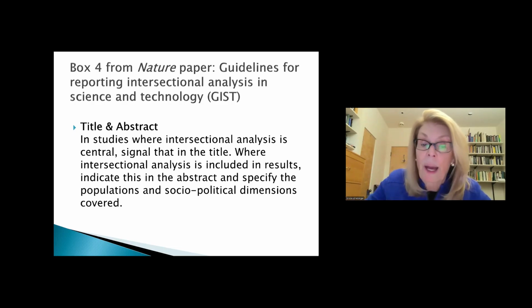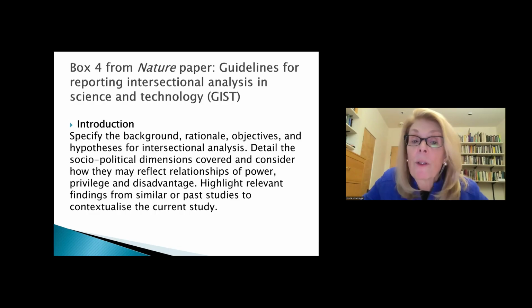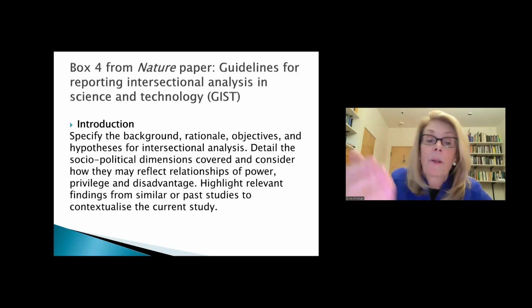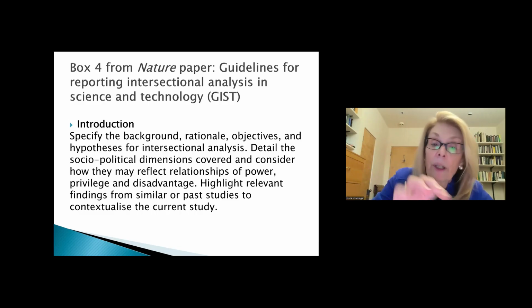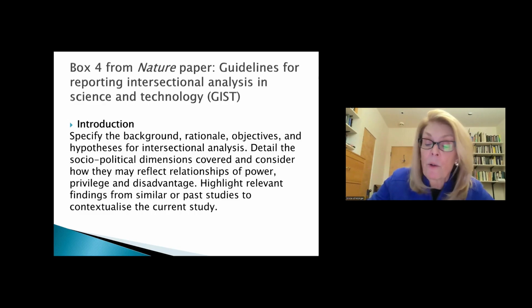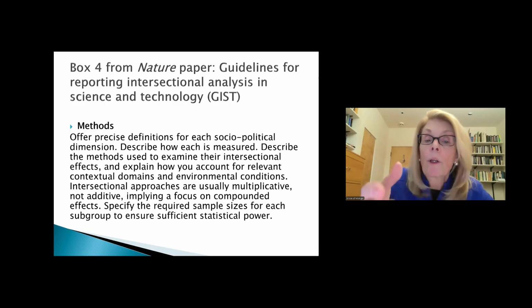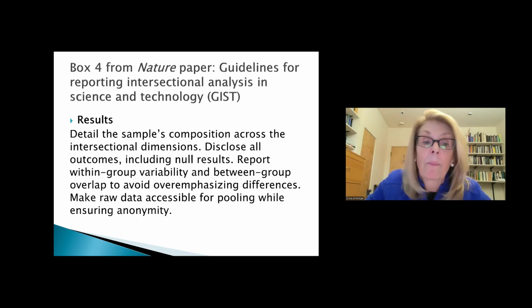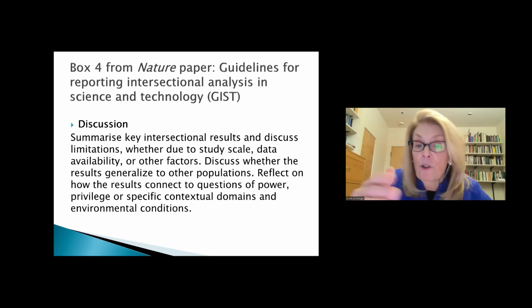You would want to signal that. Then in the introduction, you would specify the type of backgrounds, the political social dimensions you're covering. In the methods, you would offer precise definitions for each socio-political or environmental dimension, and you would give the other methods. How is it described? How is it measured? Then in the results, of course, you give your results about the intersectional aspects, and then in the discussion, again, discuss why it's important and how this is advanced scholarship.